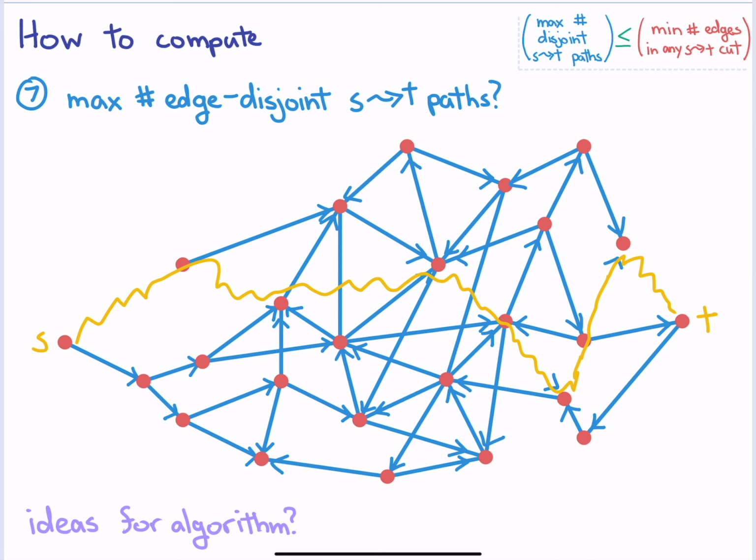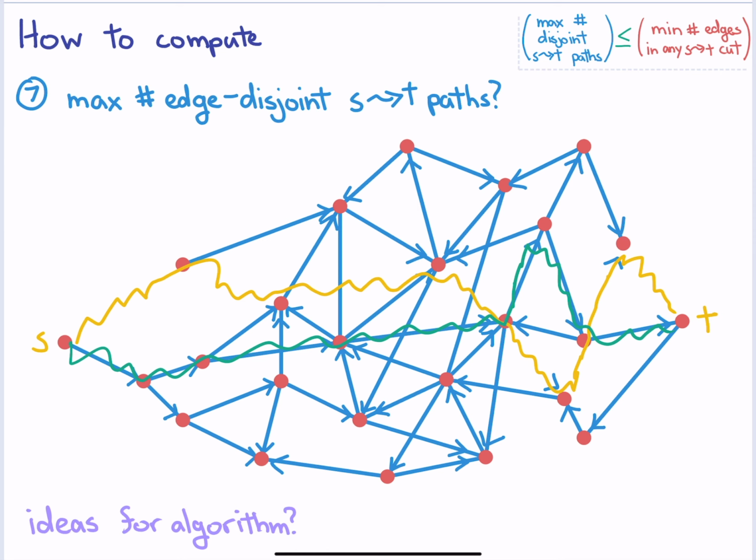Now they're taken out, so I can't use them again. Then we could run breadth first search or depth first search one more time, and that'll give us our second path, something like this. And since I deleted those edges, I won't reuse them.